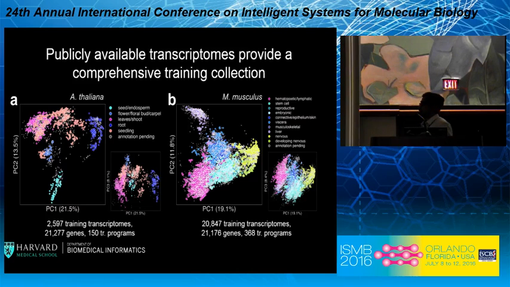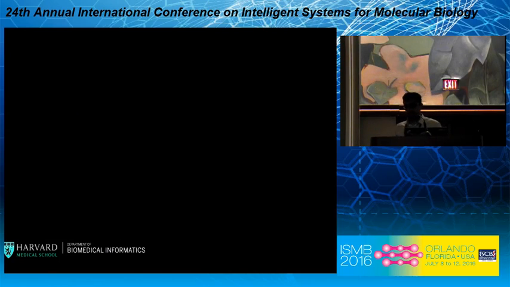And interestingly, when we summarize these transcriptomes in terms of transcriptional programs, we only really need 150 to 400 processes to really describe the transcriptome of these two organisms. And so our goal now was basically to demonstrate Tradict as one would use it in practice.